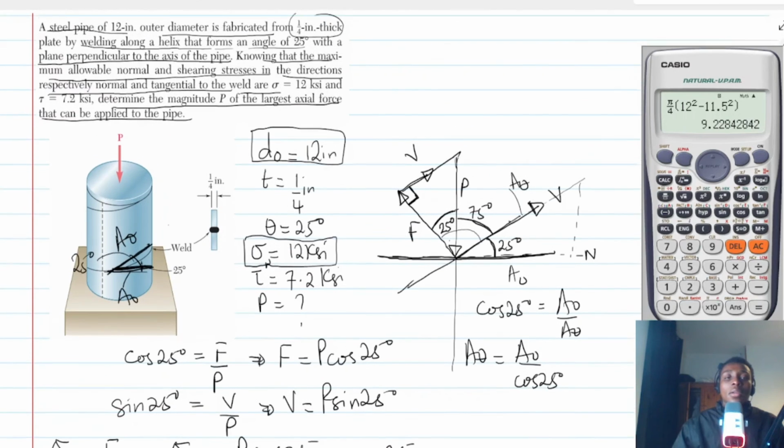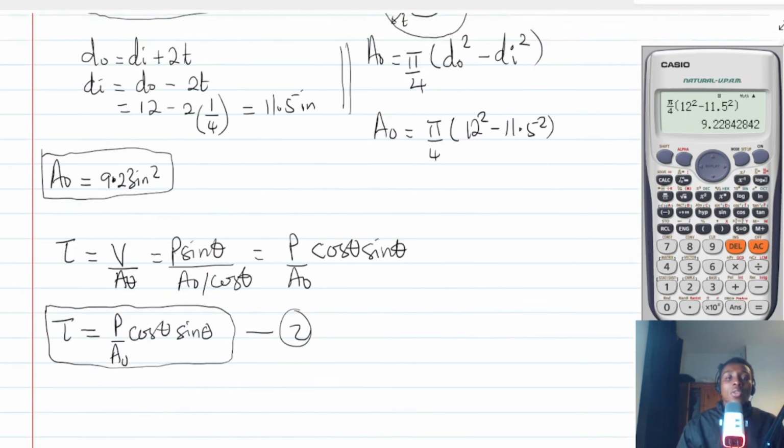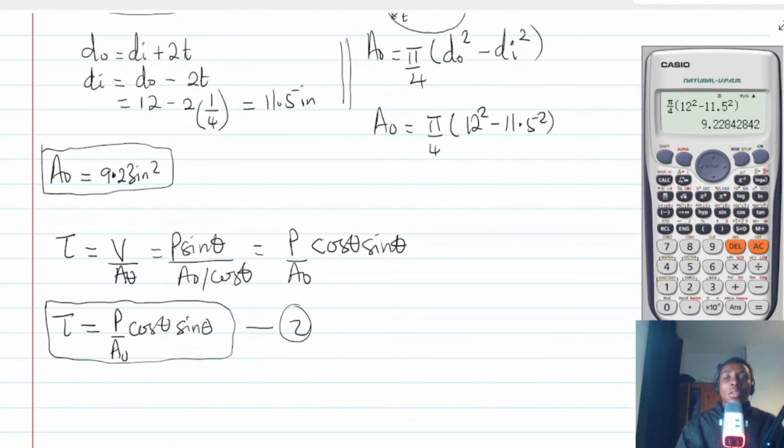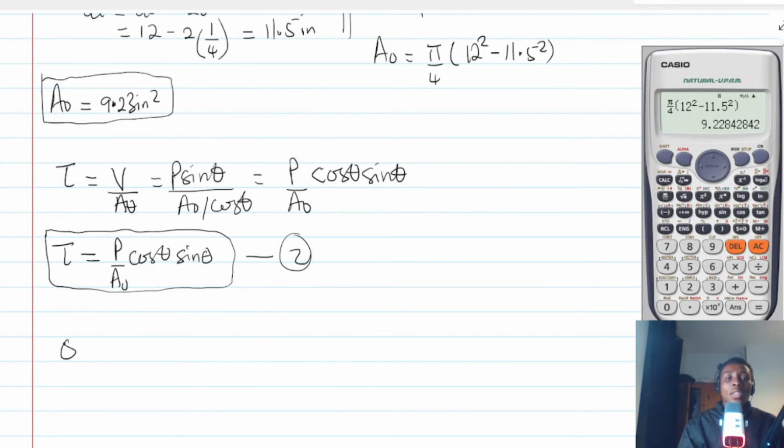Let's go back. You see, he said that we should find the load, right? The magnitude P of the axial force. Okay. So then, if sigma is 12 ksi, what will be P? Okay. So let's put it inside and see what will happen. So we know that the normal stress is what?